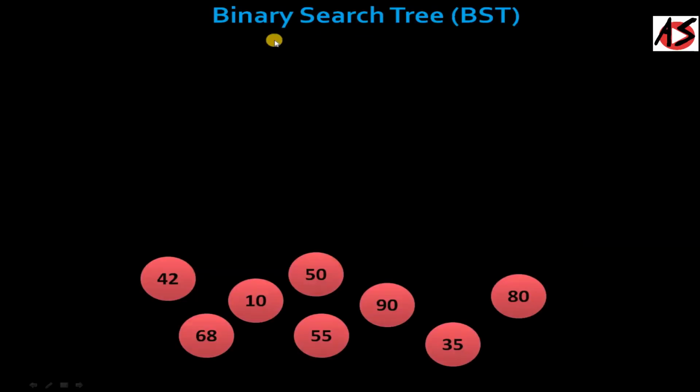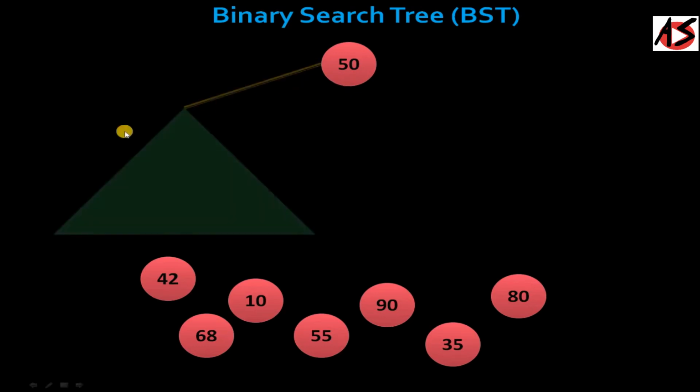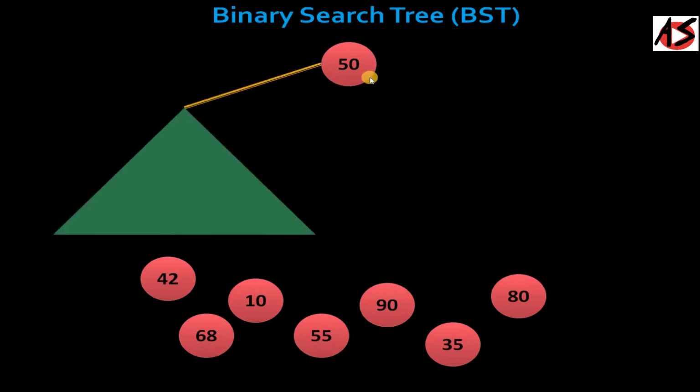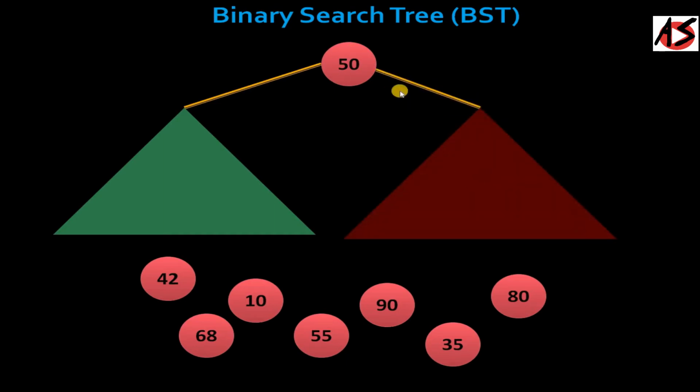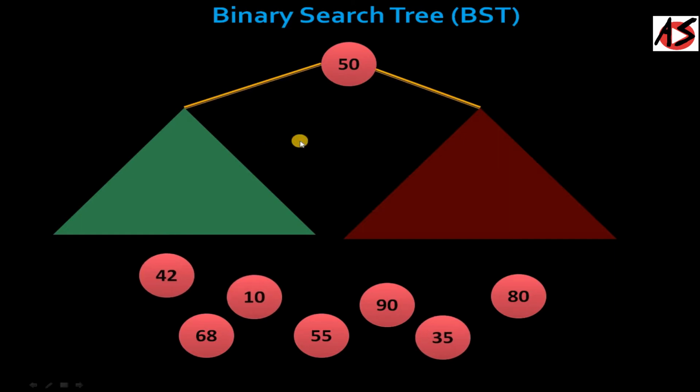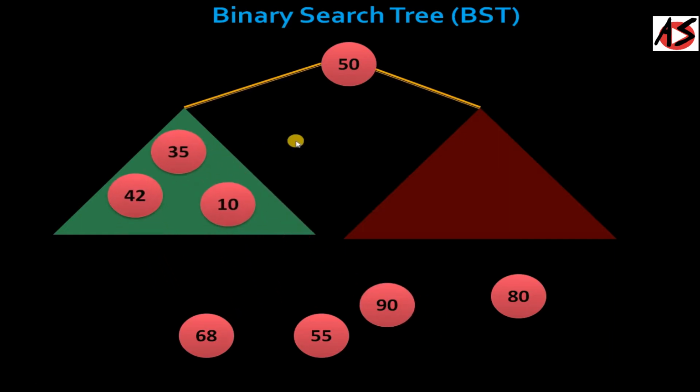If you want to build a binary search tree, then you can take any node as a root node and then you take all smaller nodes on the left side of the root node and all bigger nodes on the right side of the root node. So here you take 42, 35, 10 which are smaller than 50.